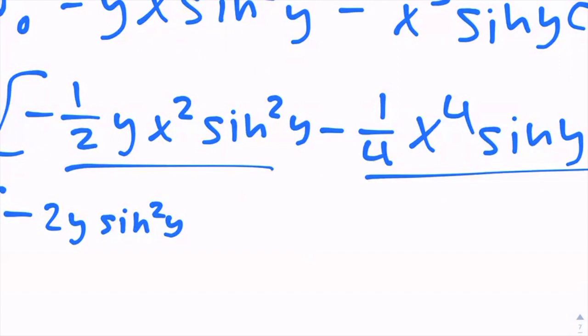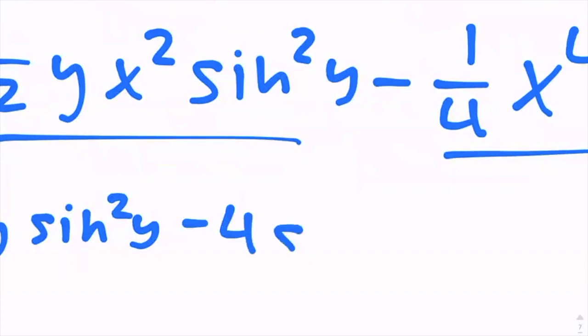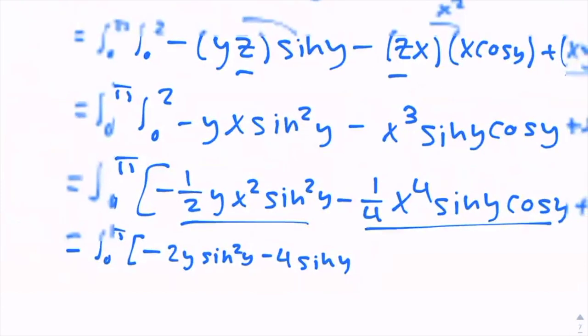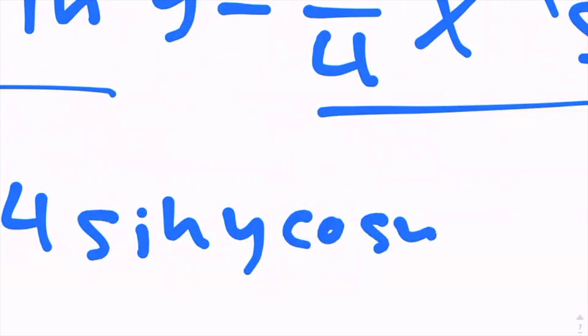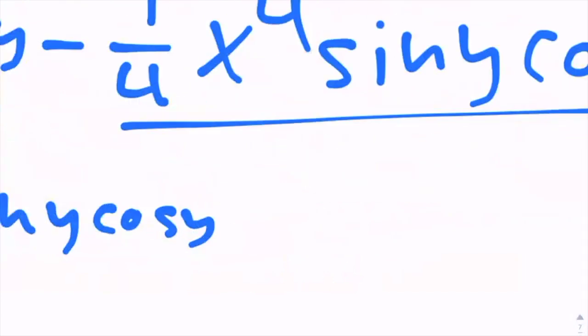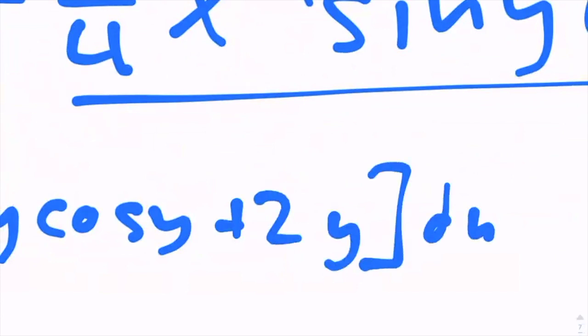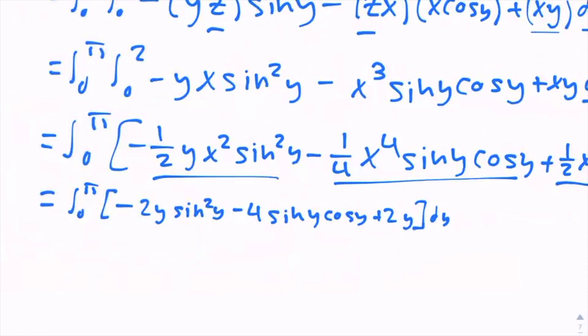So we're just going to have 2 squared by the end of this. So minus 4 sine y cosine y plus, again, just 4 divided by 2 plus 2y dy. And that is what we're going to have.